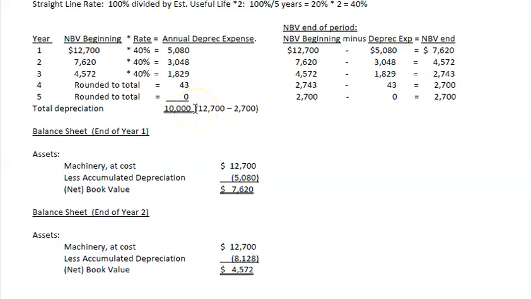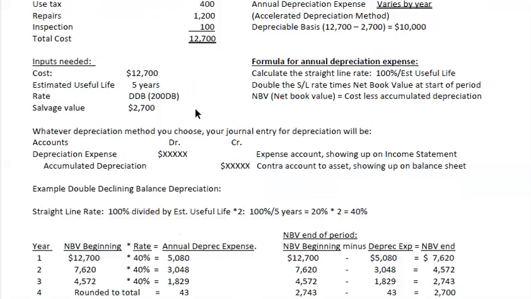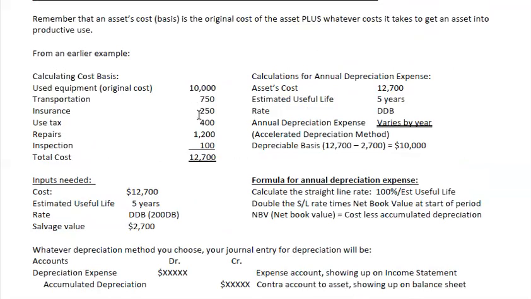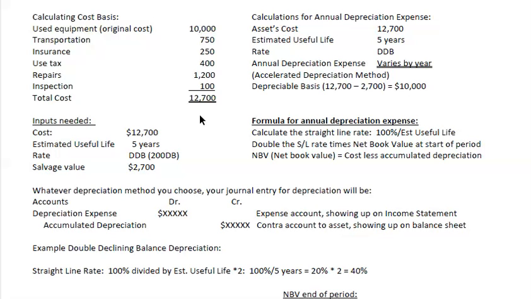We still get $10,000 of depreciation out of this machine, but we sure have used this accelerated method to depreciate the asset a whole lot quicker than we would have under straight line depreciation. People like it because they can write things off more quickly. Let's review the calculation one more time for the annual depreciation expense. We've got to have the useful life.